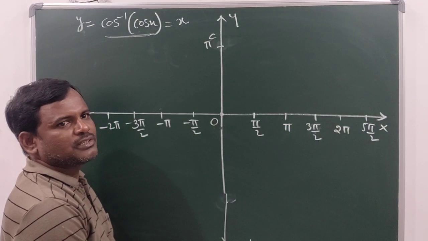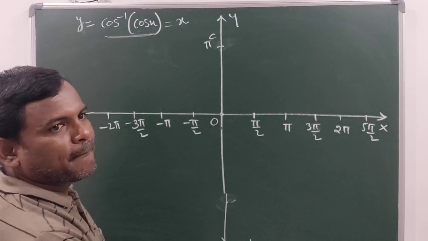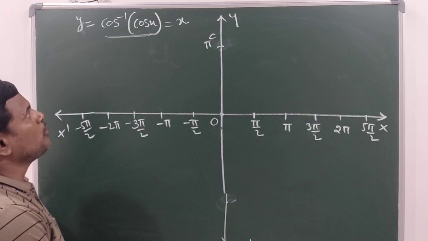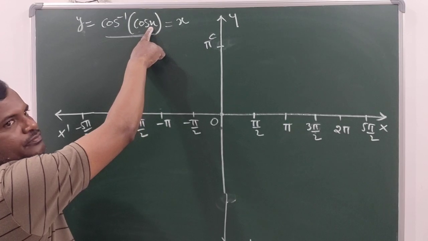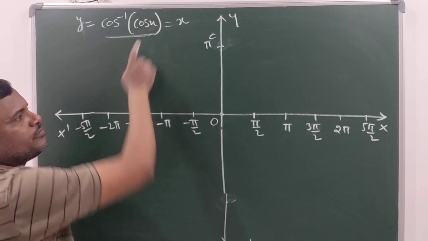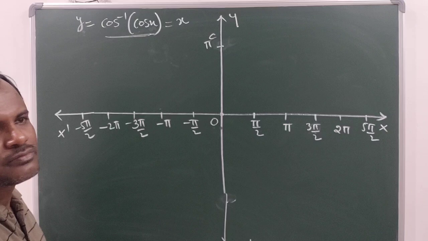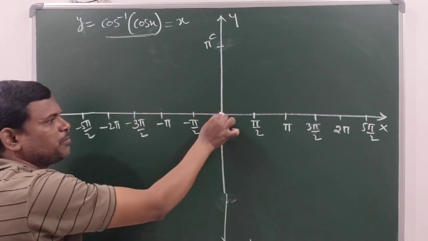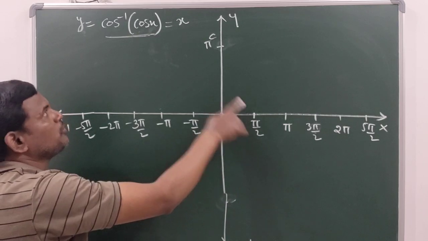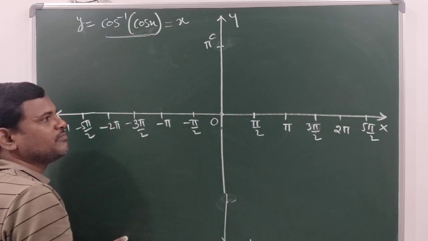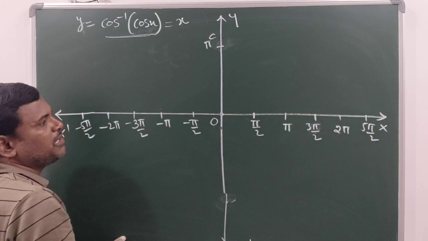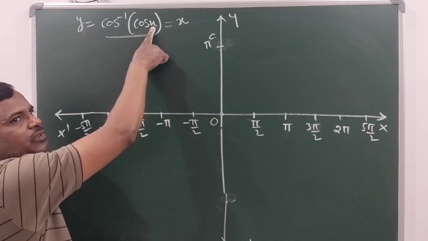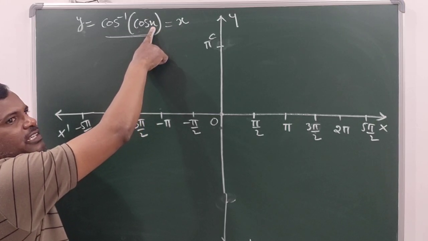So students, how do you get this graph? When you put domain value 0 here, cos 0 is 1. Where do you get 1? At 0 only, this point only. When you put 90 here, that is, domain value x equal to 90, cos 90 is 0.